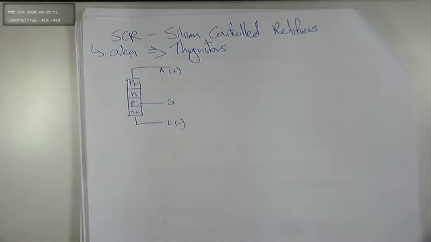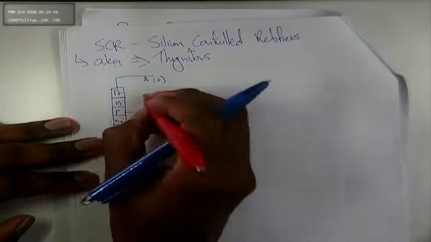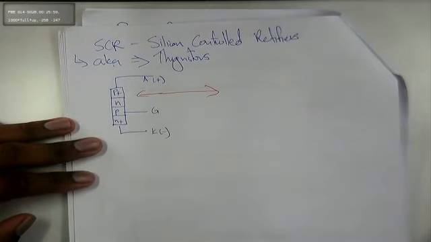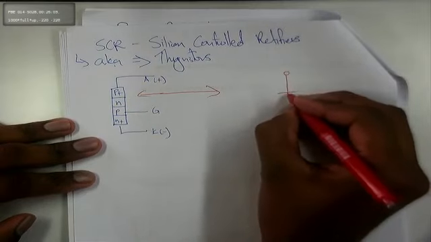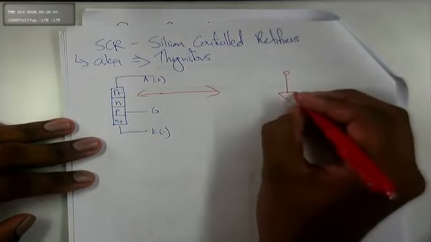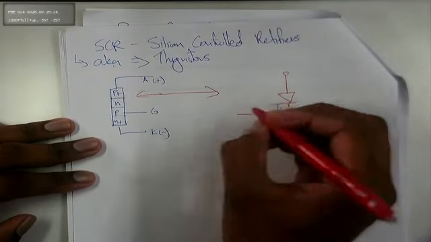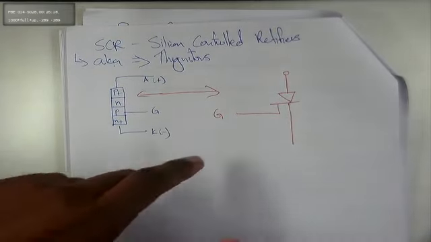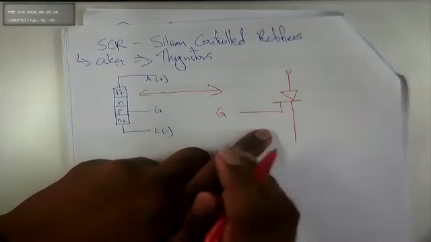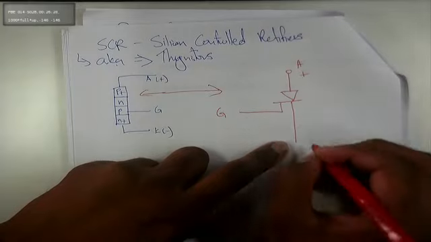Now if we were to draw the symbol of a thyristor, the figure simplifies to this. So we have a diode here and a gate. It is a partially controlled device. The A side is positive, this side is negative.